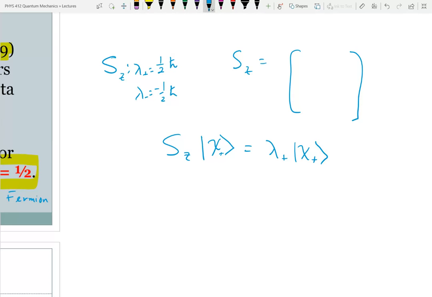How do I make this operator matrix? Isn't it using the subtraction, S sub z minus your lambda? Okay, and that's how the textbook actually goes through and does it.